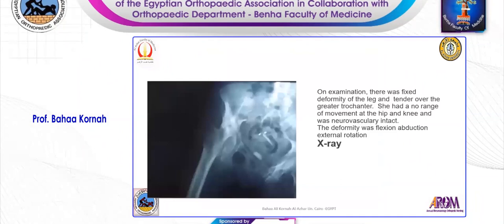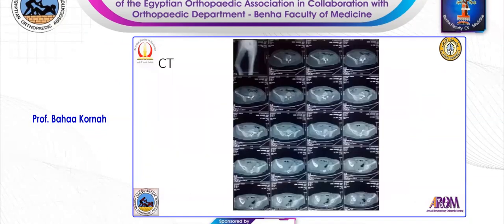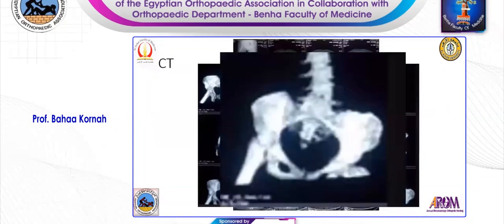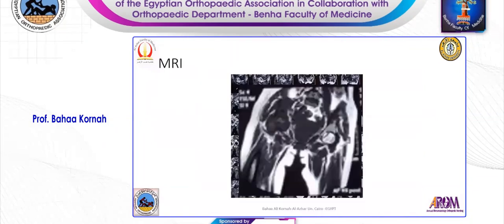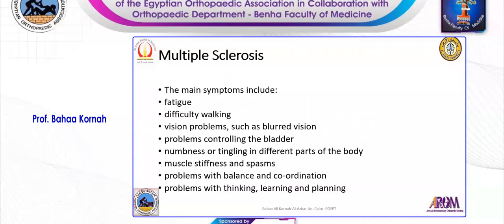On examination, there was a fixed deformity of the leg and tenderness over the greater trochanter. She had no range of movement at the hip. This is her X-ray, and this is the knee X-ray, and this is the MRI with 3D CT scan also. Close-up view, and this is the MRI. And the question is, what is the differential diagnosis, what other causes can be predisposing to this condition, and what are the management options for this patient?